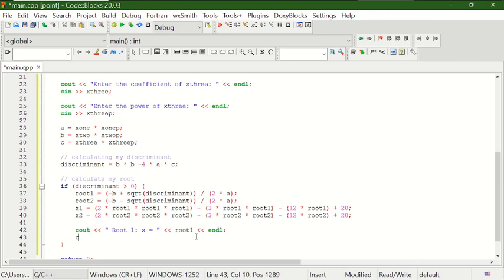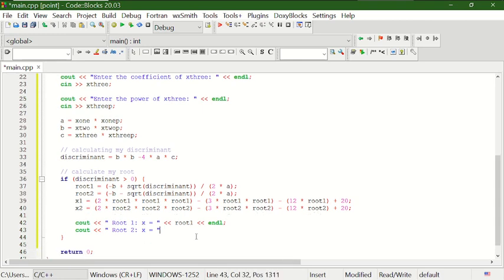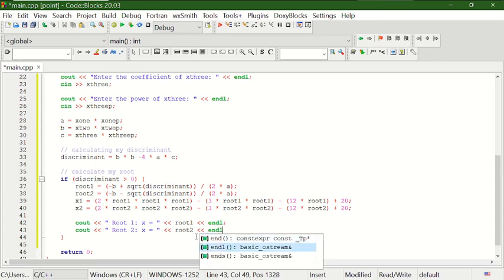So x is also equal to what? You can say root 2. So once you come that for root 2, then you can end this line.